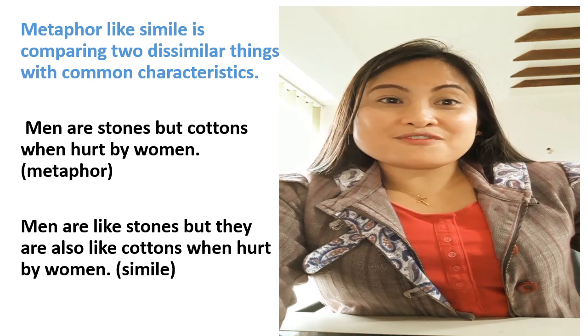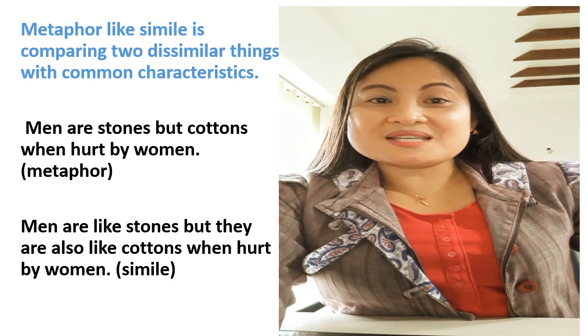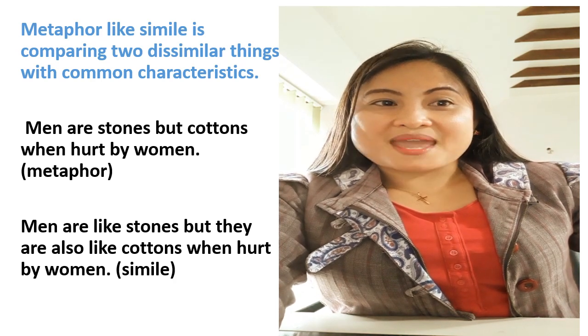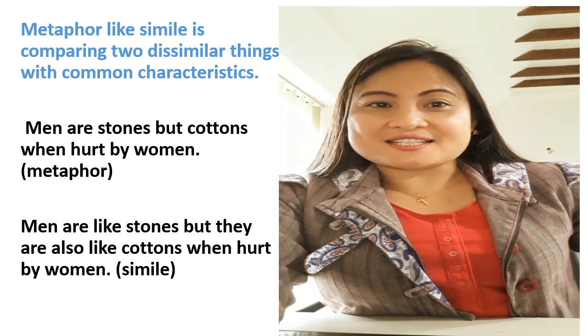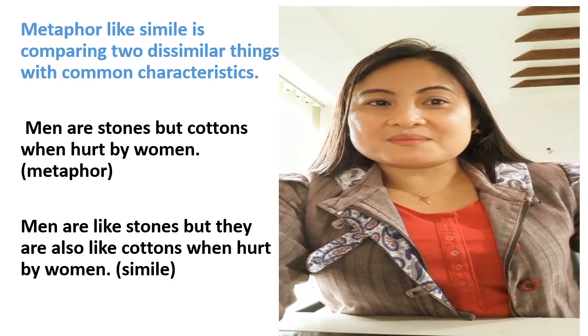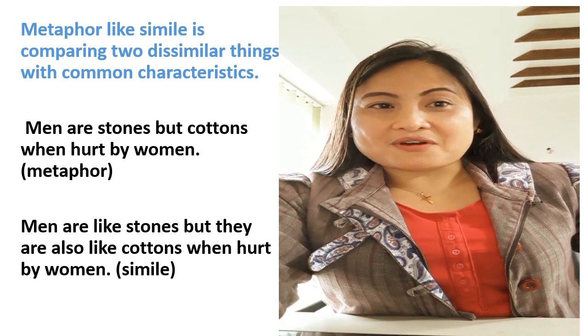What is a metaphor? Like simile, it is comparing two dissimilar things with common characteristics. Men have common characteristics with stones and cottons. This sentence could be transformed to simile. A simile could also be transformed to metaphor.